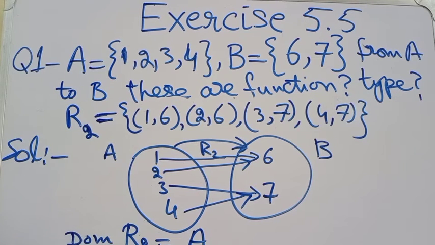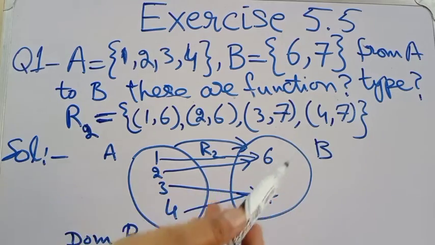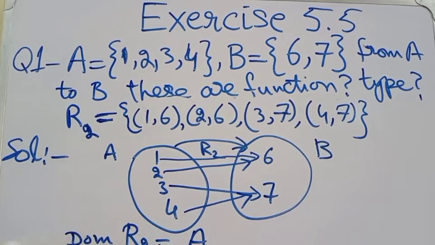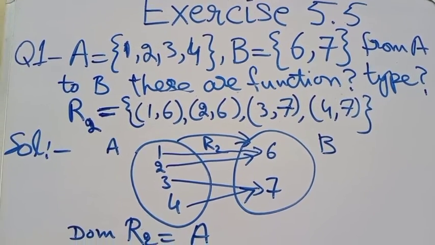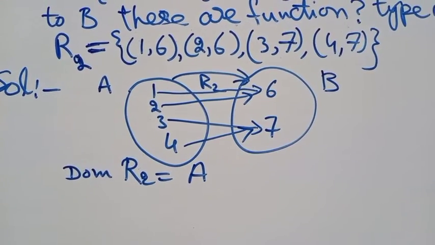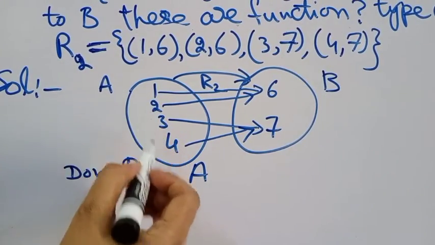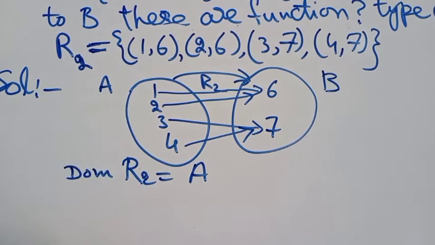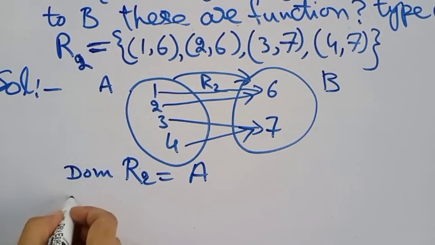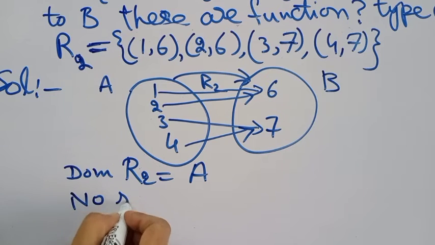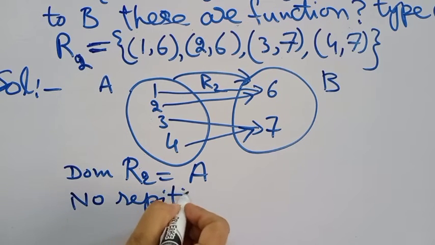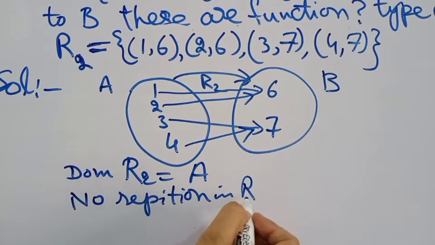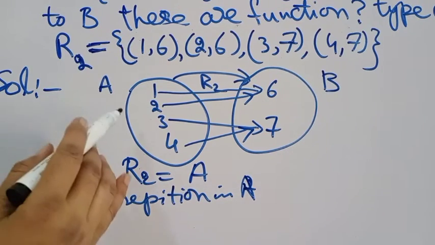The elements of A make pairs, making a relation with set B, and there is no repetition in the set A, in the domain. It means it is a function.